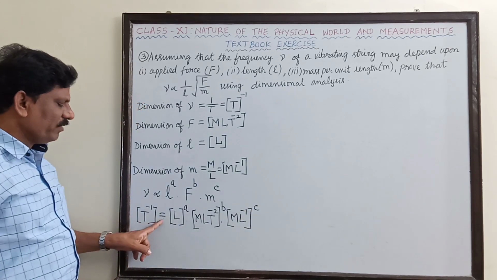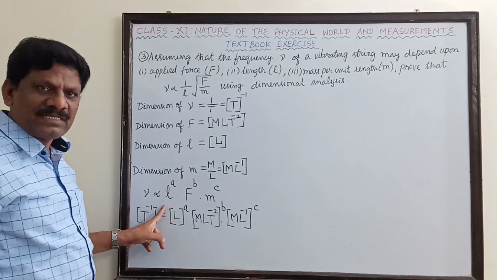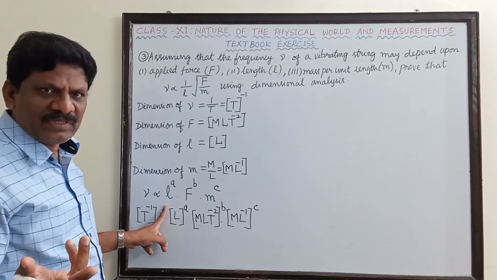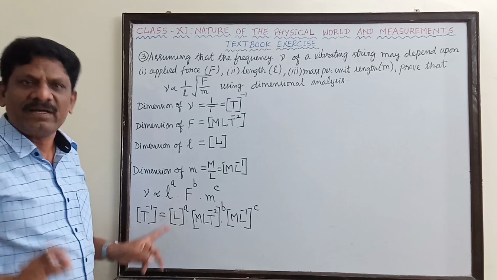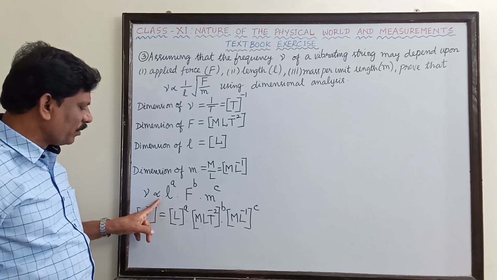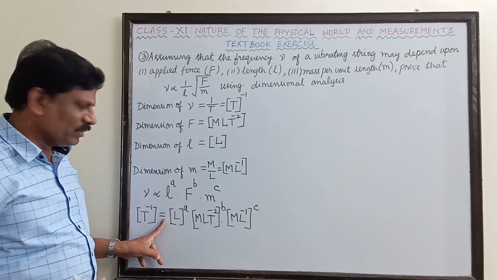Since the constant is dimensionless, we need not substitute it, and we can replace the proportional symbol by equal to.